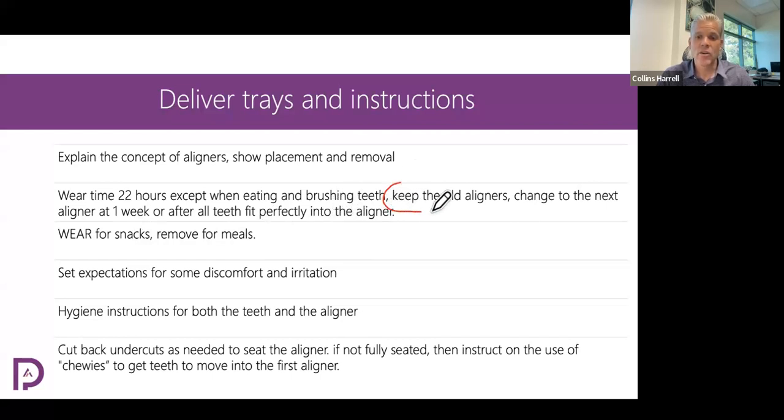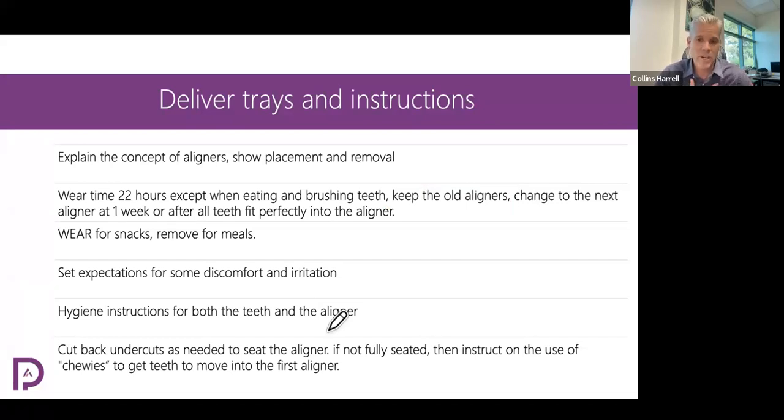I always want to make sure that my patients put the old aligners that they're finished with back into the bag that they got them out of, because sometimes if things aren't tracking well, I like to go backwards an aligner set or two and get back to one that was fitting well, and then move forward from that one. So have them keep their old aligners. I even like them to come in with the previous couple of sets of aligners so that if things aren't fitting well, I can see the previous ones.